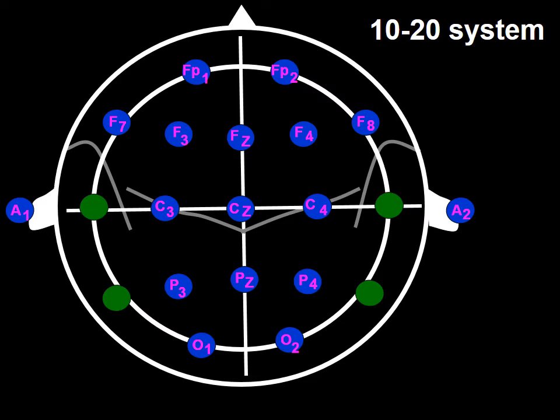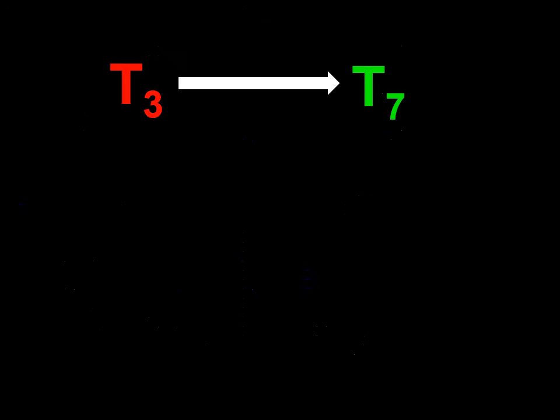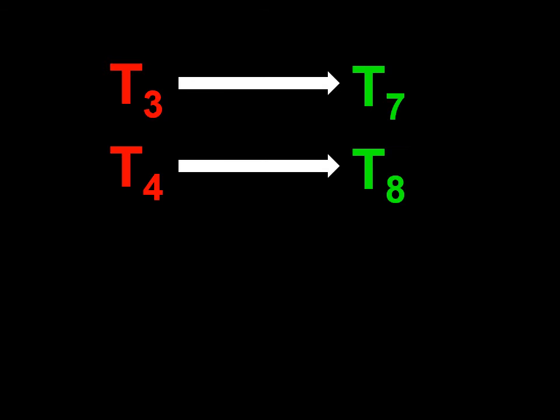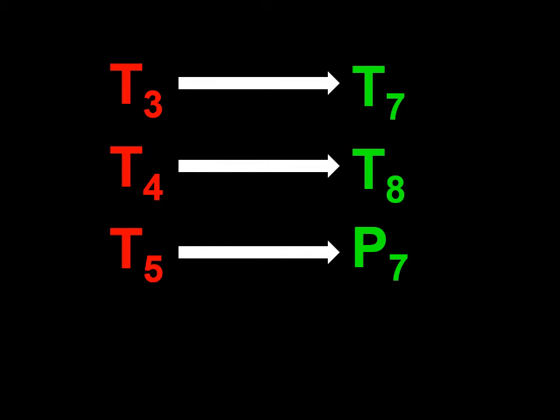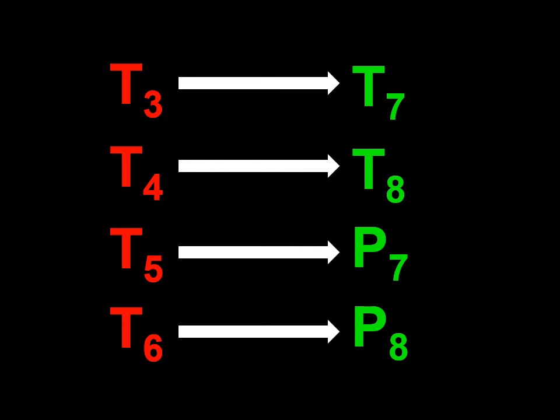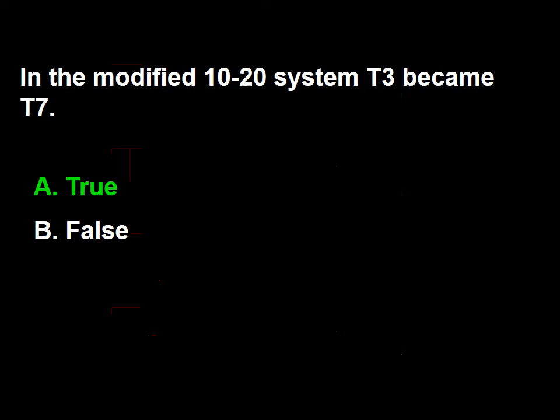These electrodes have been changed in the modified 10-20 system currently in use. So T3 has become T7, T4 has become T8, T5 has become P7, and T6 has become P8. So the answer to this question is A.